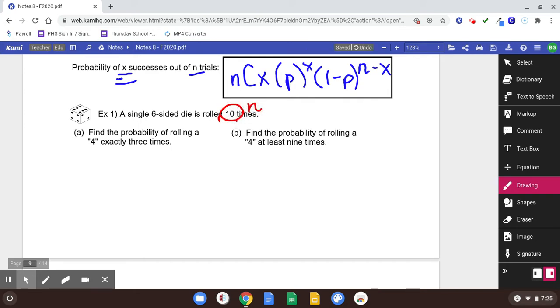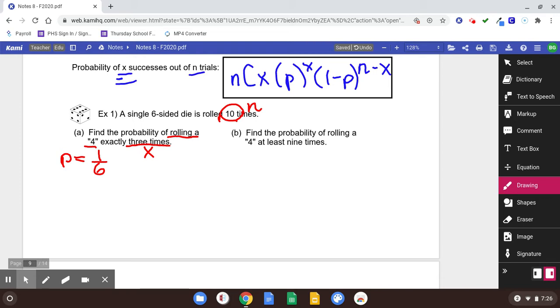We're rolling a six-sided die. That's the experiment, but we're looking to specifically roll a 4. And so the probability of rolling a 4 on a six-sided die is 1 out of 6. And 3 times, that's our X. That's our specific number that we're looking for. That's how many successes there are.